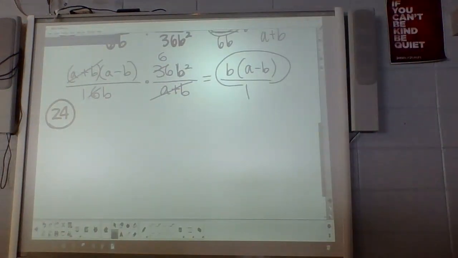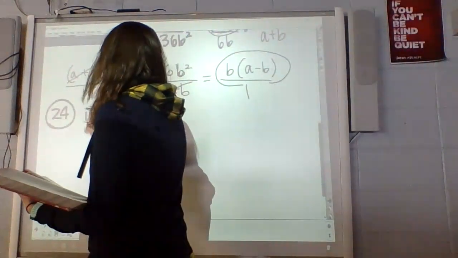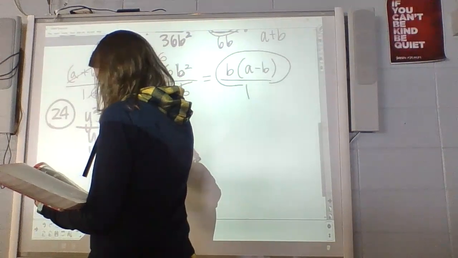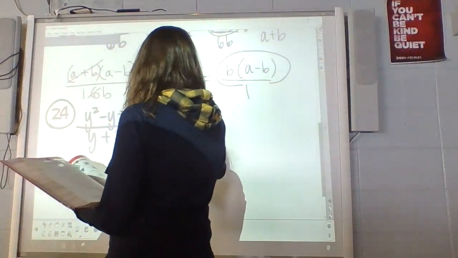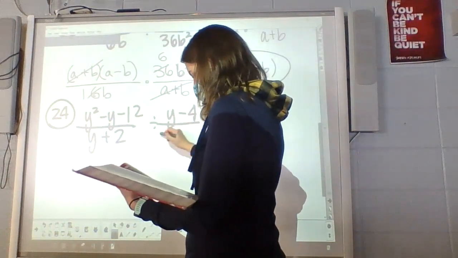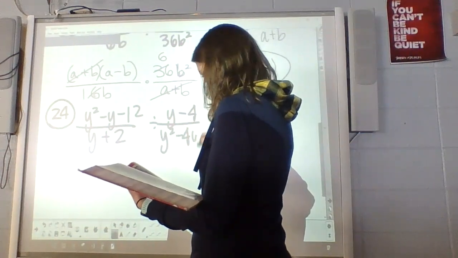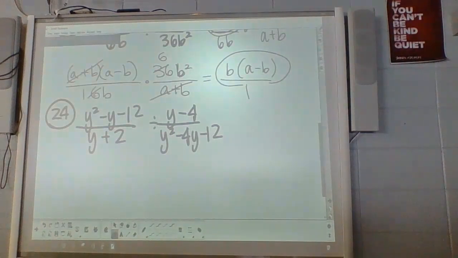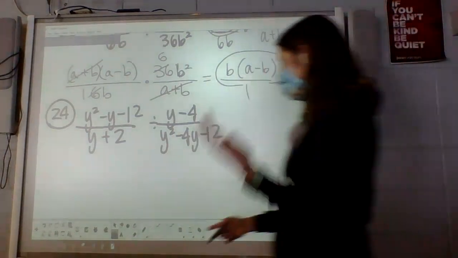So 24 is another division problem. Okay. So it's division, so we're going to flip it and multiply. And then we can do some factoring as well.